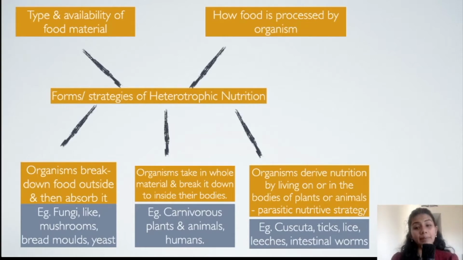Examples are ticks and lice that are found on or inside the bodies of animals and humans, and also leeches and intestinal worms. All these organisms adopt the parasitic strategy, in which they derive nutrition from living plants or animals by residing in or on their bodies.